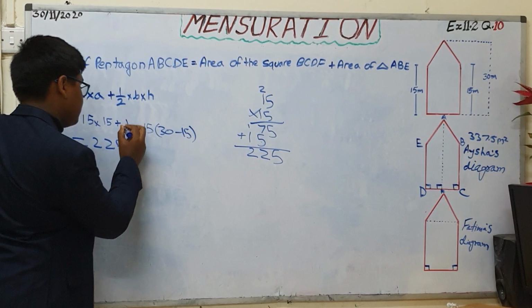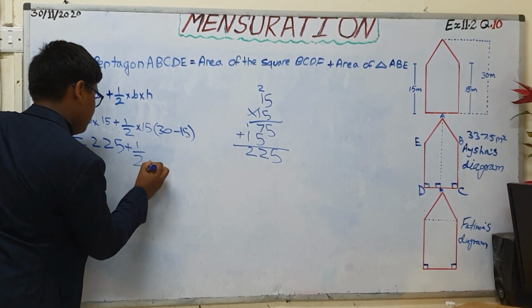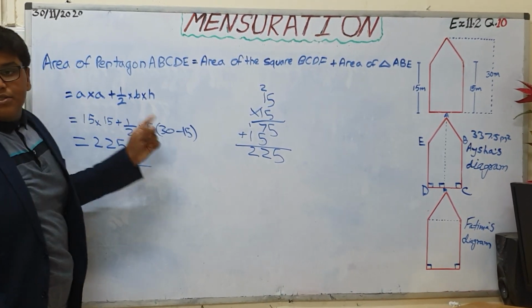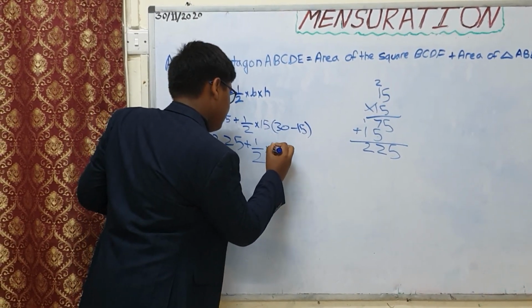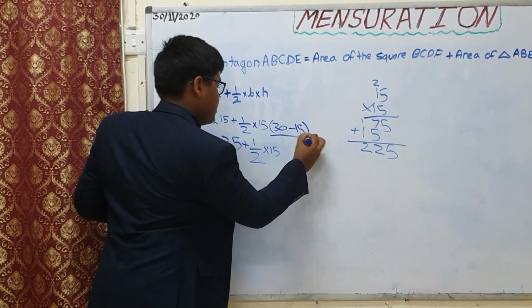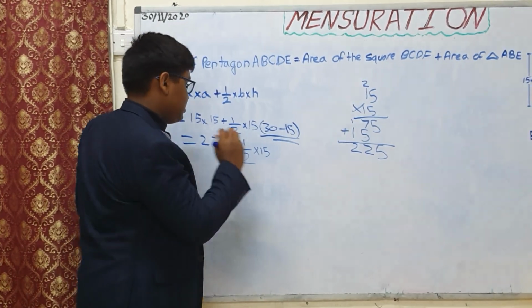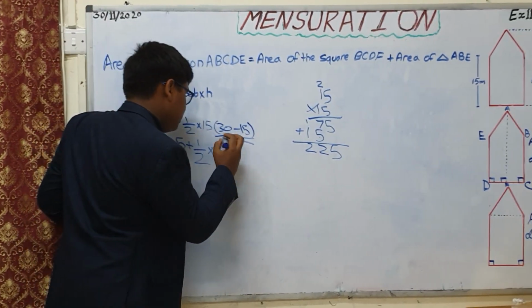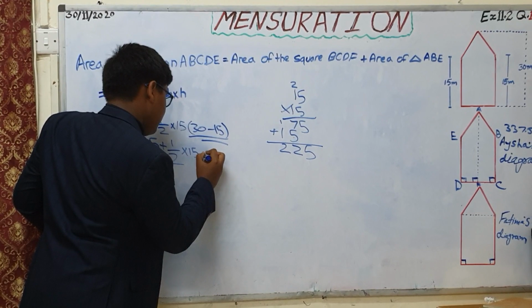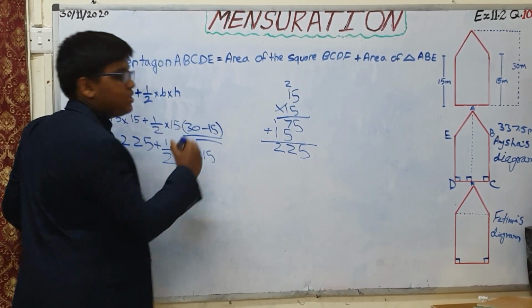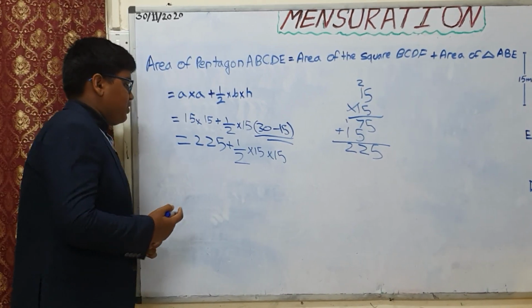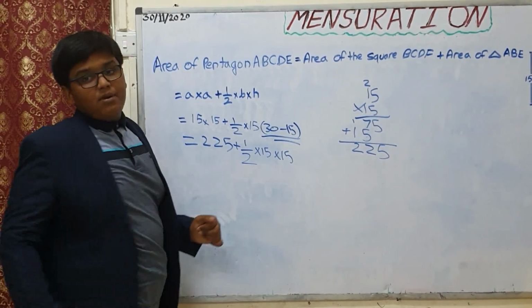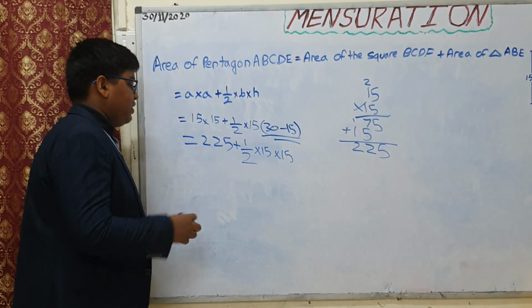Then plus 1 by 2, because it is half into base into height. So the base is 15 into 15. Now when we subtract this, we get 15, because 30 minus 15 equals 15. Now 225 plus 1 by 2 into 15 into 15.